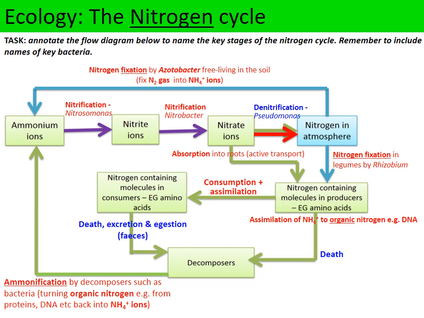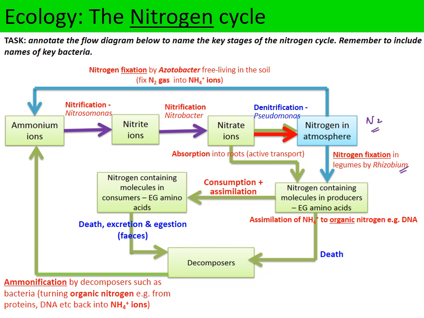Now this is a different diagram. It's exactly the same information. This is the one in the class booklet. So we can look at the different processes here, maybe highlight some of them now that we know a bit more about them. So we might want to start with nitrogen, N2 gas, in the atmosphere that we've said. We know it gets fixed by rhizobia bacteria in the root nodules of legume plants like alfalfa and clover.